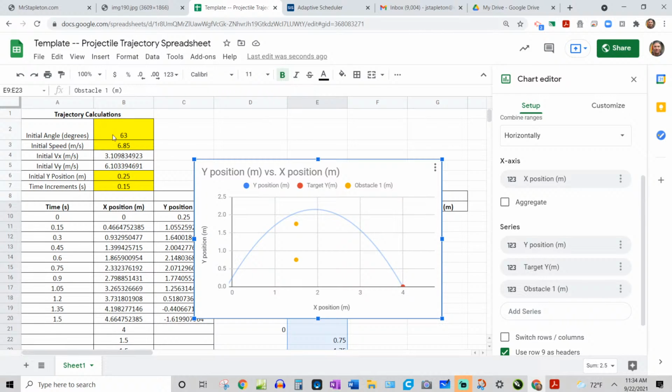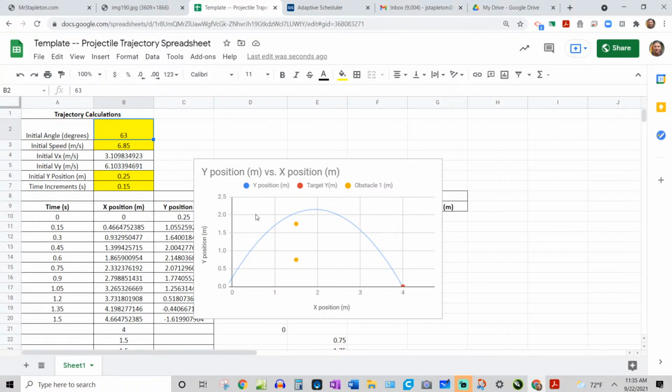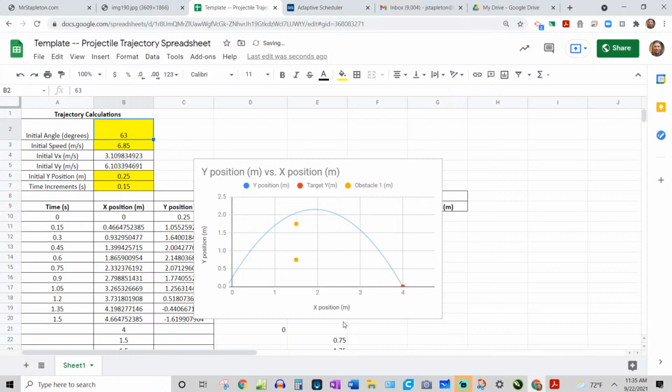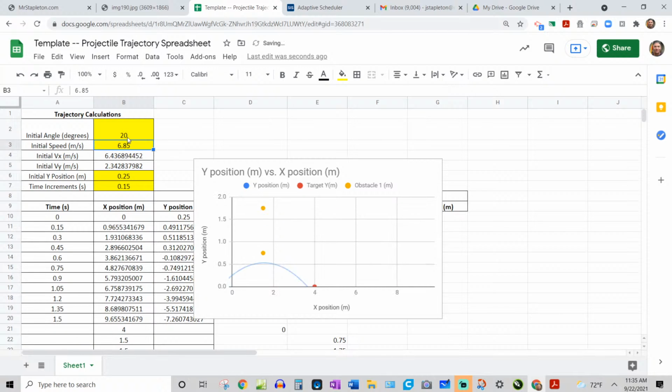If let's say I change this angle a little bit, to 50 degrees, you can see now I'm hitting this obstacle. I'm not going to add all the obstacles because it's the same process, but let's say I wanted to shoot underneath this. I can change the angle down to 20.